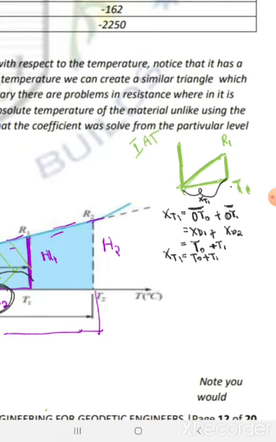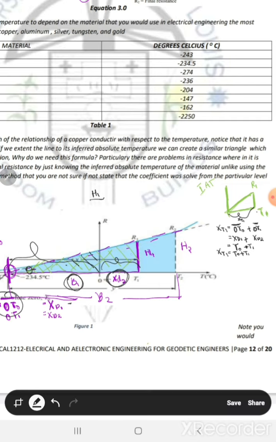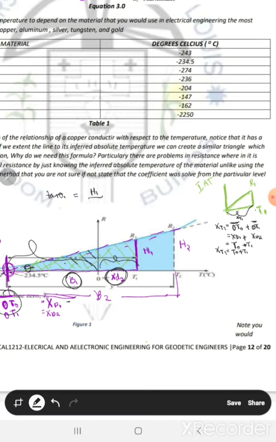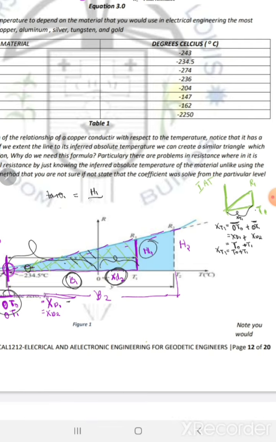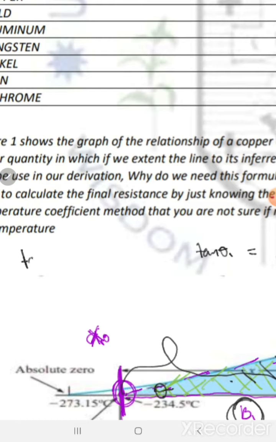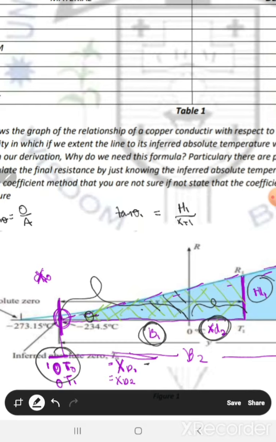I will relate this as tan theta 1 is equal to opposite H1 all over the adjacent XT1. Take note that tan theta is equal to opposite over adjacent, right? So our adjacent is your XT1.